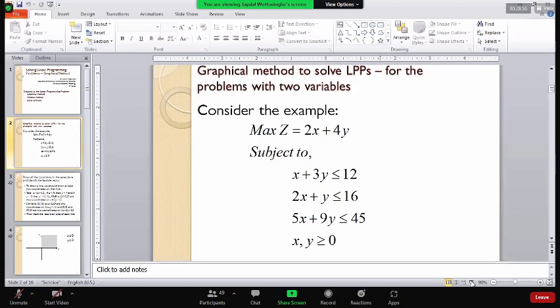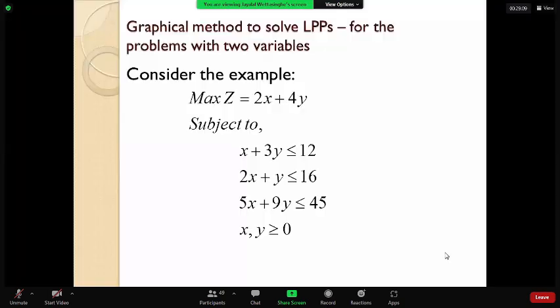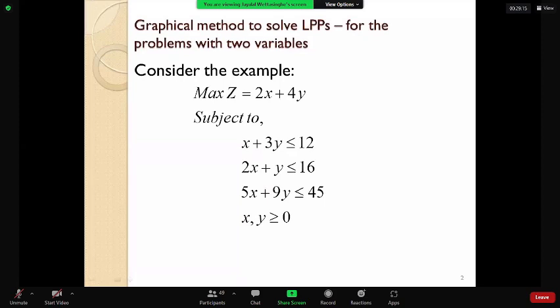Let me properly share this first. Okay, can someone confirm that you can see the screen?